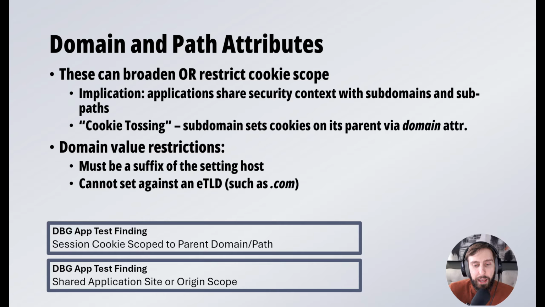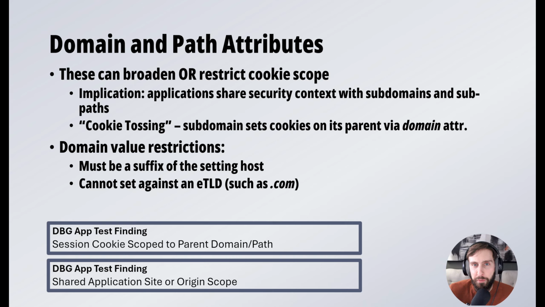So you can use these attributes, domain and path, to set cookies to apply to a scope that is greater than where that cookie is actually being potentially set from. There are some restrictions to the domain value. It must, of course, be a suffix of the setting host.